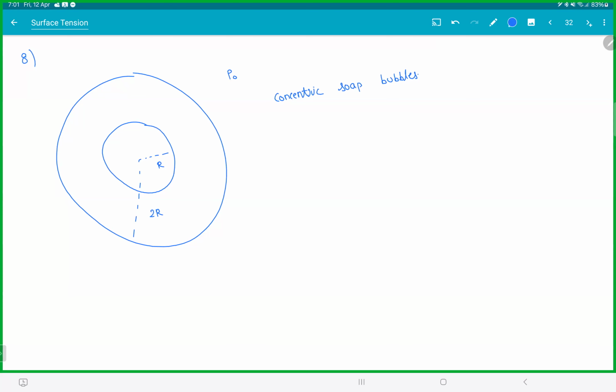Let's call this point A. The first question: find the pressure at point A. Second question: if P naught is 0, that means outside is vacuum, and the inner soap bubble is punctured. Assume isothermal conditions. Assume temperature is constant.